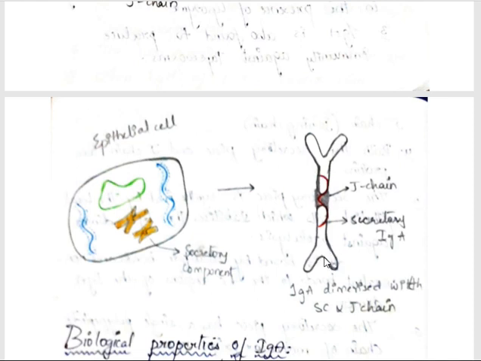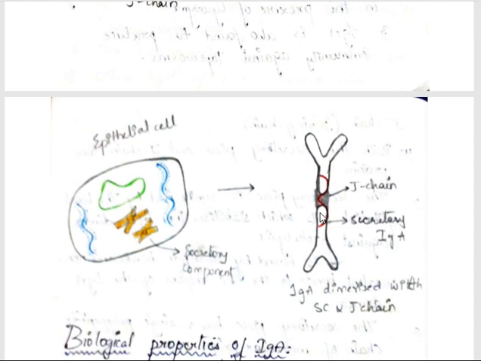So you can see here it is a dimer, two monomers linked together by a secretory component with the J chain. That's why this is called secretory IgA antibody. Both the J chain and the secretory piece are proteins.